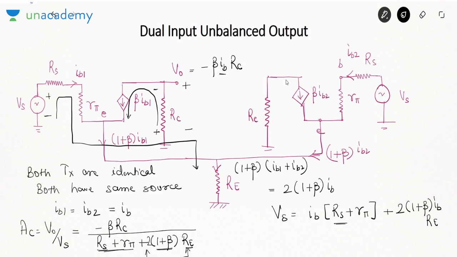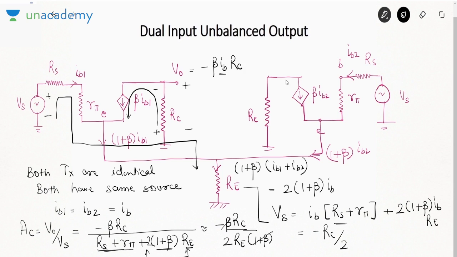So this gain is almost equal to minus beta RC by 2 RE (1 plus beta). If beta is very high, 1 plus beta will be approximately beta. So this gain will be minus RC by 2 RE.